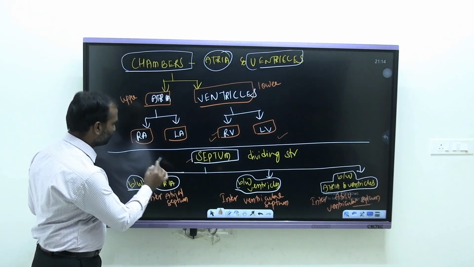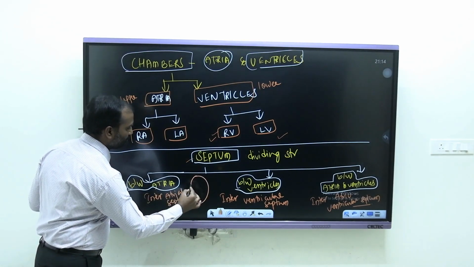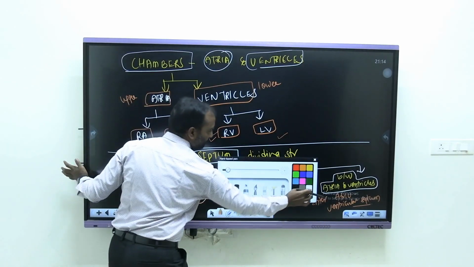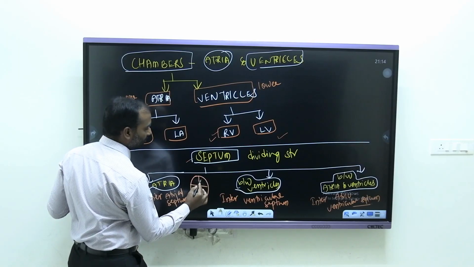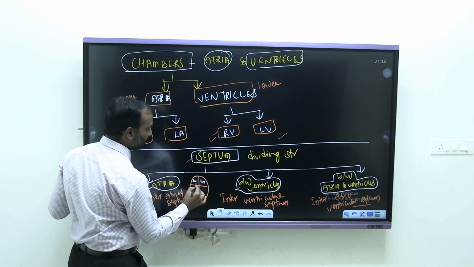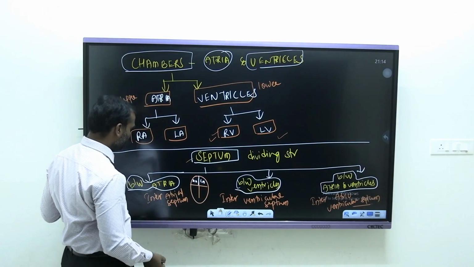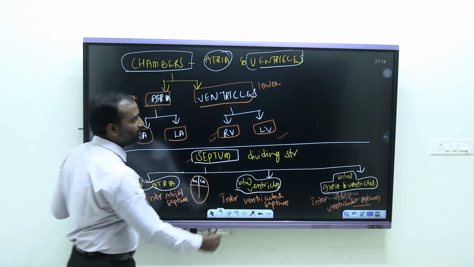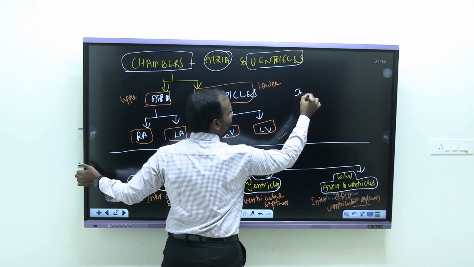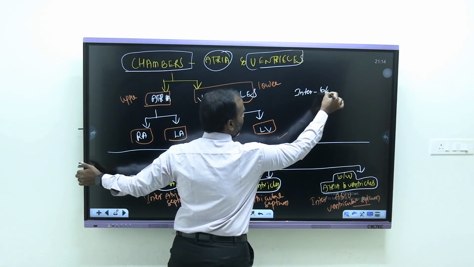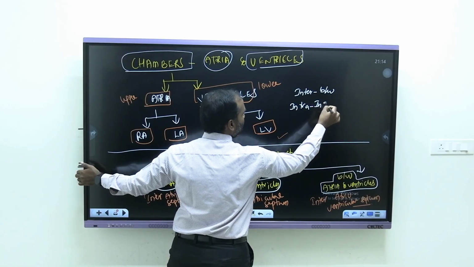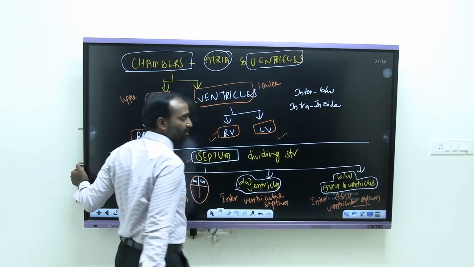Those are between the atria, left atrium and right atrium. So this is a septum. What? Interatrial. Here also there is a little confusion. Inter means in between, intra means inside. That's the difference.